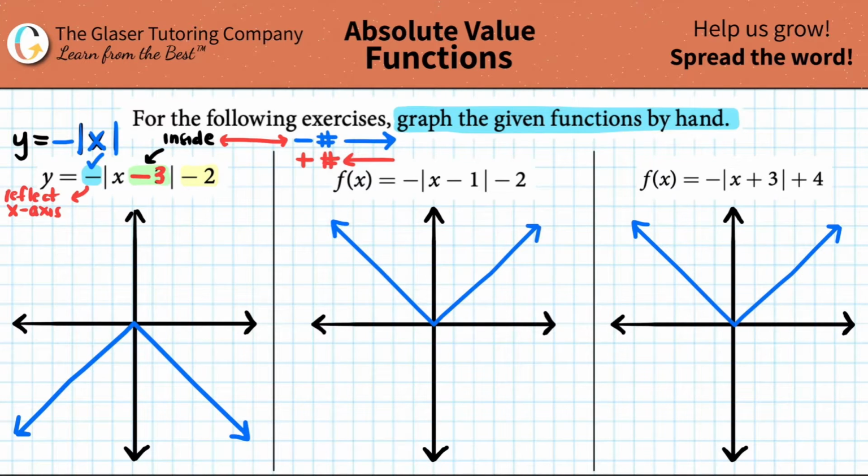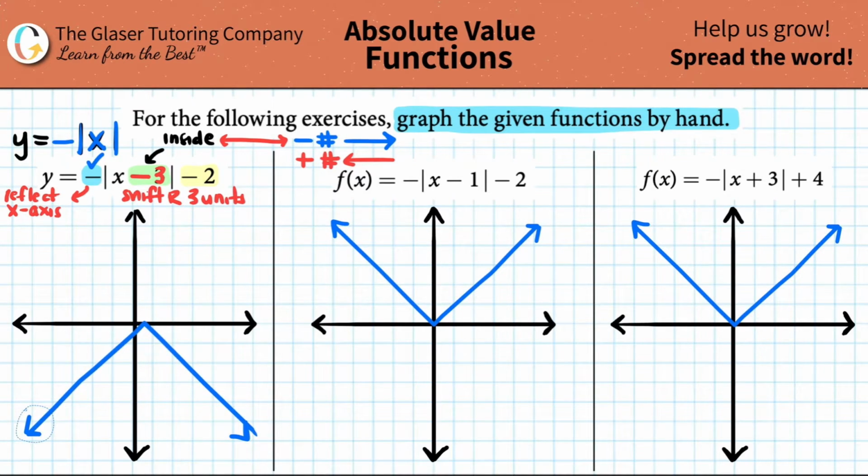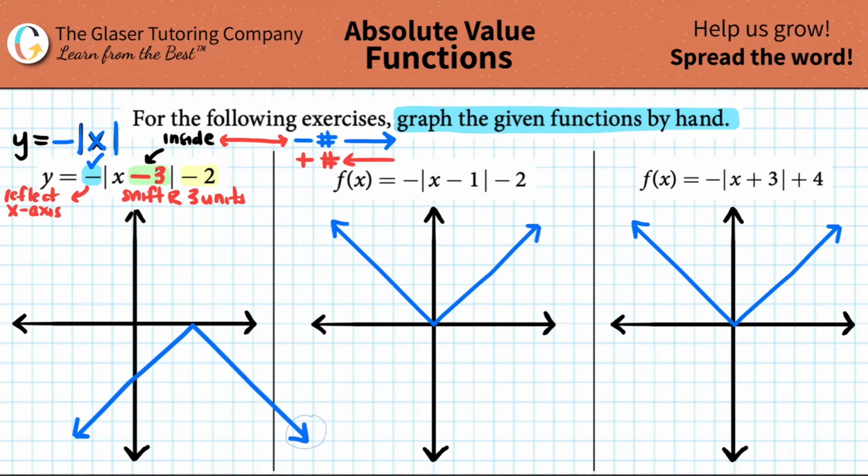So I'm going to shift right 3 units, which means I'm going to pick up my graph. I'm picking up this graph right here, and I will shift it to the right 3 units. So I'm going to go over to the right 1, over to the right again, that's 2, over to the right a third time, 3 times.